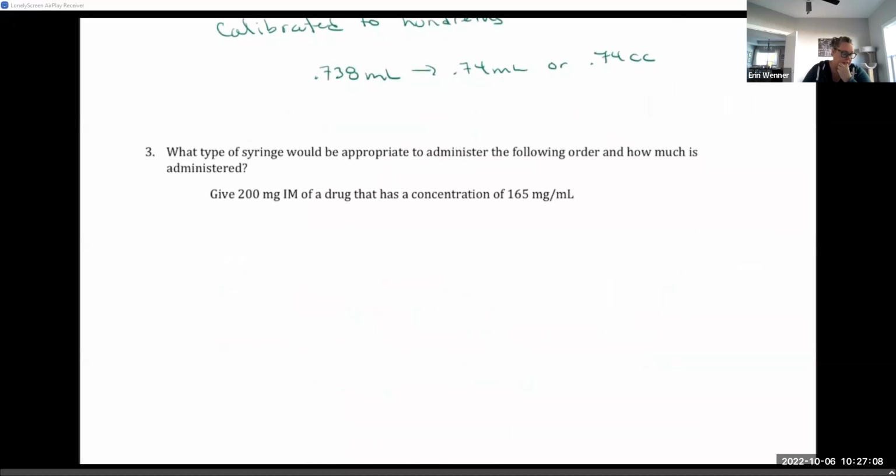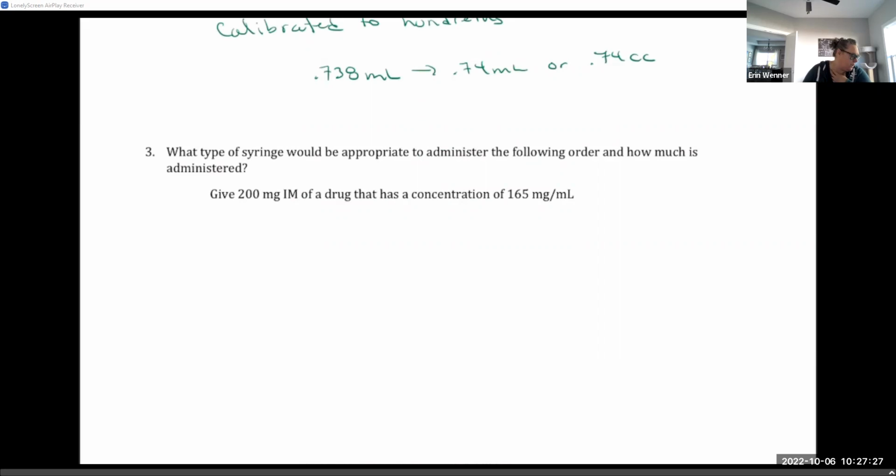So number 3 says, what type of syringe would be appropriate to administer the following order and how much is administered? We can give 200 milligrams intramuscular of a drug that has a concentration of 165 milligrams per milliliter.